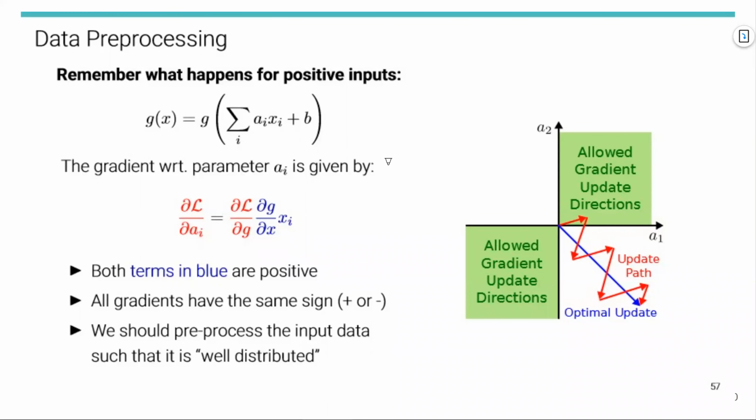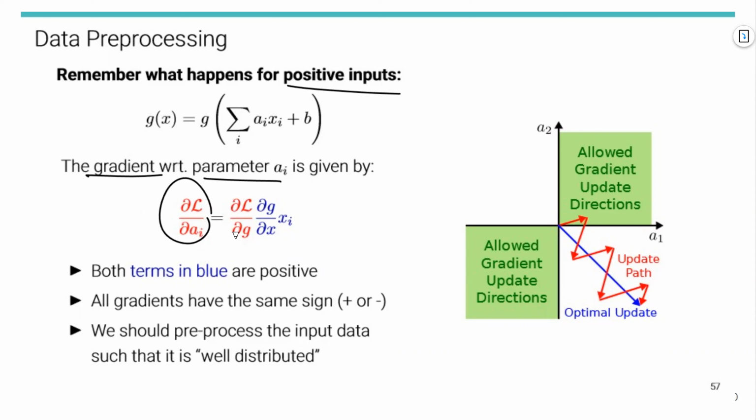I showed you what happens for positive inputs. In this case, if our inputs are only positive but don't have negative values, and when you calculate the gradient with respect to parameter a sub i, you'll first receive the upstream gradient, and then the local gradient like this.